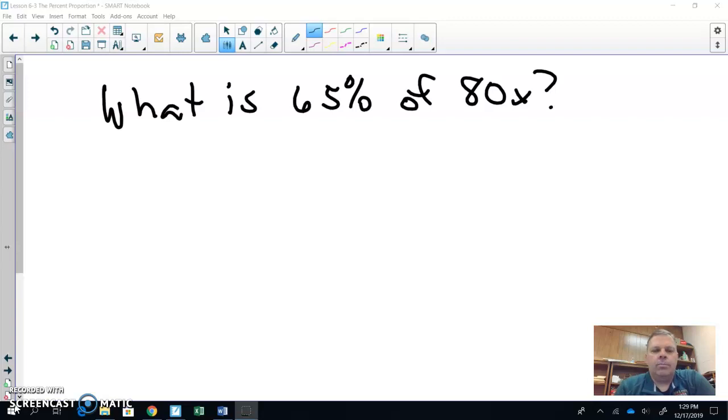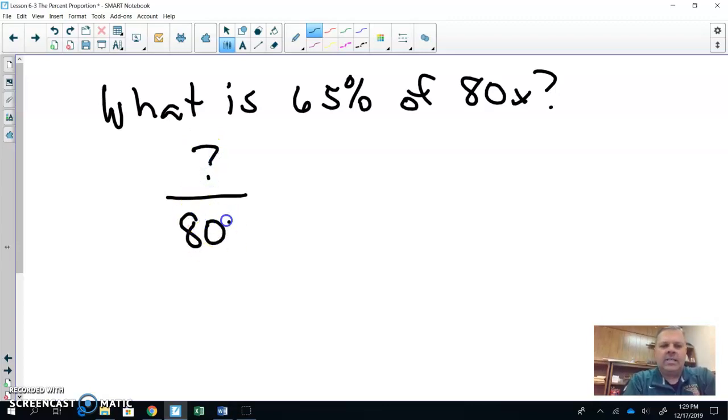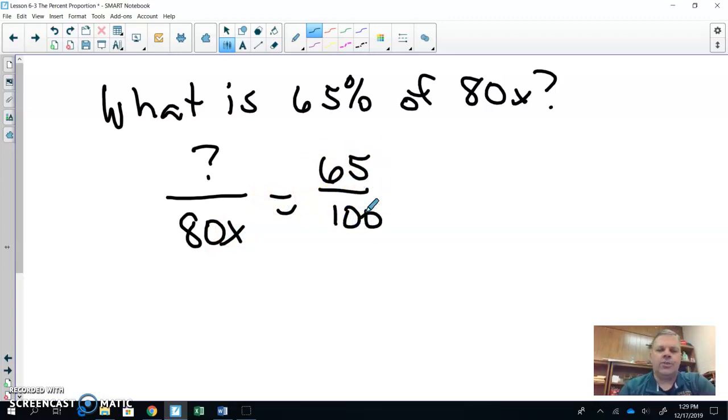Similarly, this is a problem that is also for number 14. We can set this up as a proportion. Is, I don't know, so I'm going to actually undo that, and I'm going to call it question mark, over 80x is equal to 65 over 100. Hopefully from the last question you understand that there will be an x in here, and then we will just have a number, so these are going to cancel.